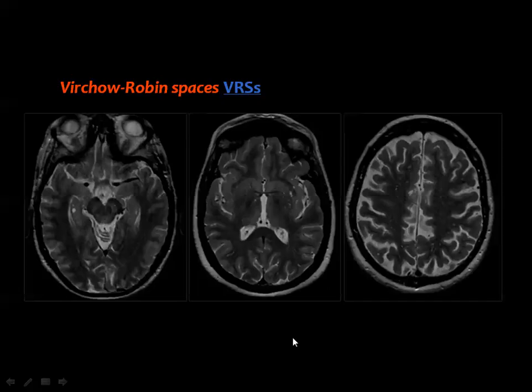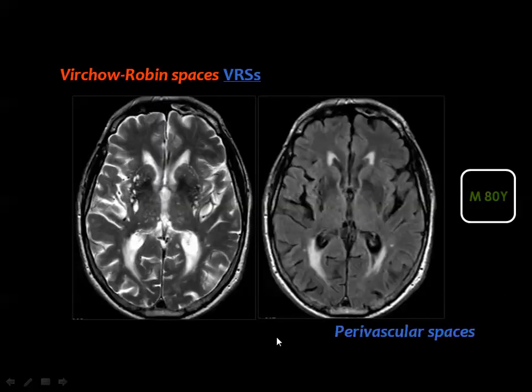These are normal variants or normal anatomic structures which are commonly seen in the region of the basal ganglia bilaterally. They may be symmetric or asymmetric, and also in the white matter of the high parietal areas. And with advancing age, you see that the Virchow-Robin spaces become more prominent and sizable.